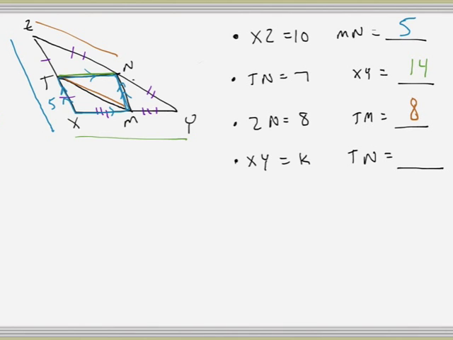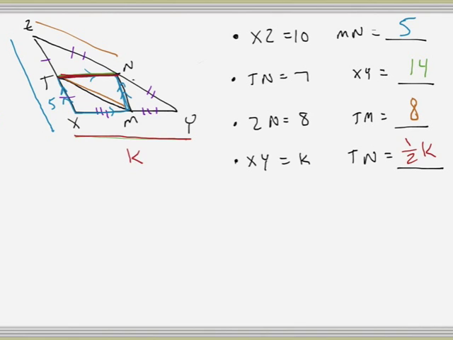Because ZN is half of that full side XY, and TM is supposed to be equal to half of that full side. So those should both be 8. And the last one, if XY is k, then TN is what? Half of k. Or k divided by 2 would be another way of writing that same thing.